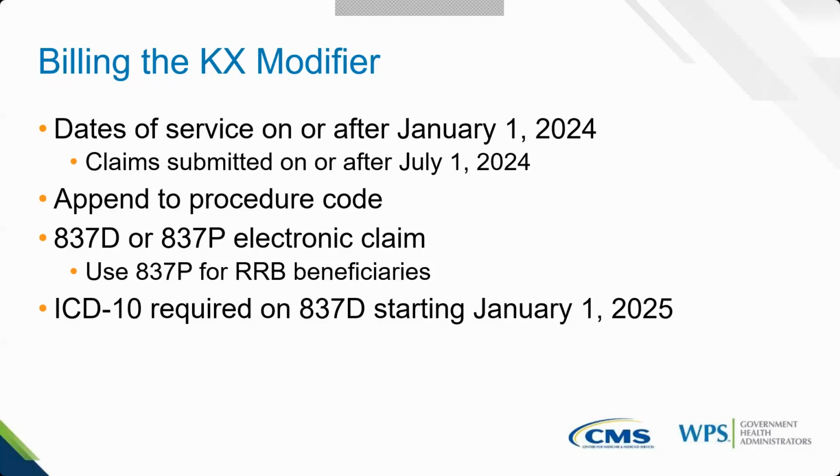I do want to make another note here for those of you that might have Railroad Retirement Board patients. CMS does say at this time, you're going to want to submit those claims to the Railroad Retirement Board using the 837P instead of the 837D because of their capability to process those.